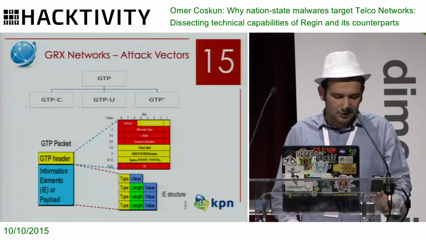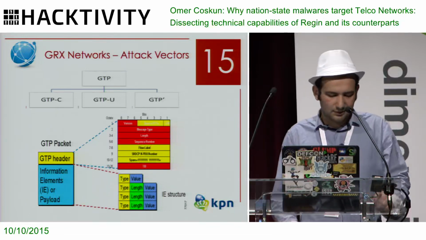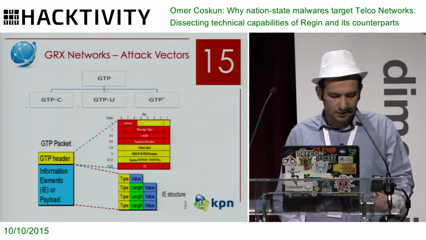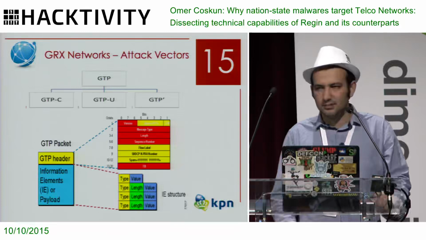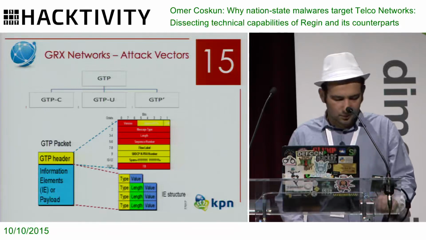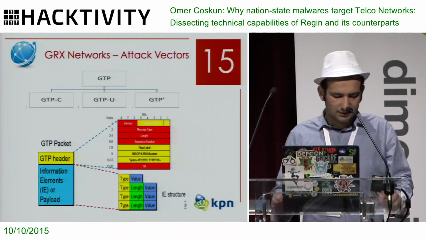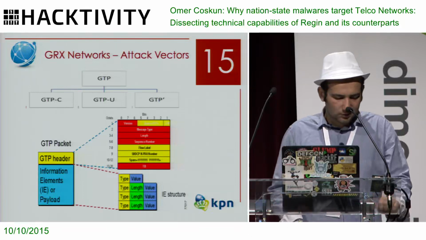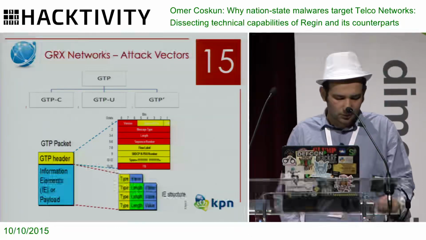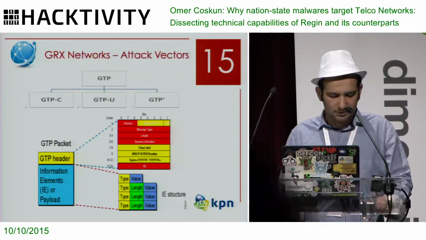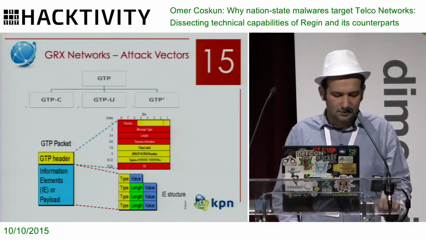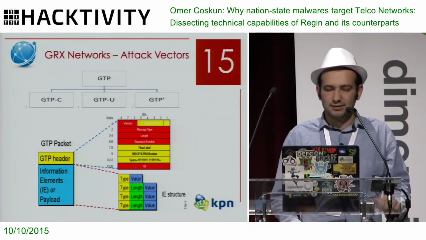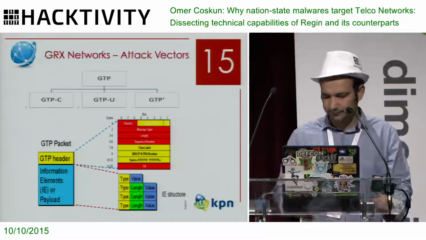GTP-C is used within the GPRS core network for signaling between GPRS support nodes. GTP-U is used for carrying user data within the GPRS core network and between the radio network and the core network. GTP prime uses the same message structure as GTP-C and GTP-U, but has an independent function.